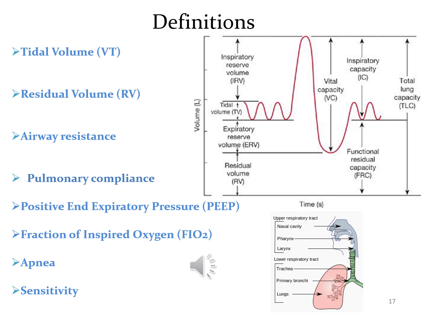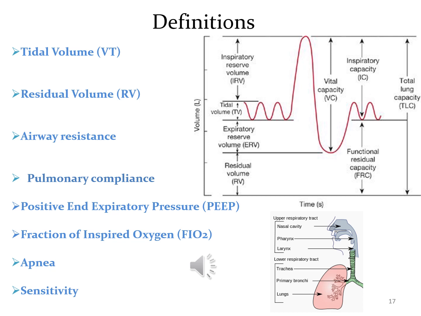Pulmonary compliance, lung compliance, is defined as the change in lung volume per unit change in transmural pressure gradient, that is, between the alveolus and pleural space.